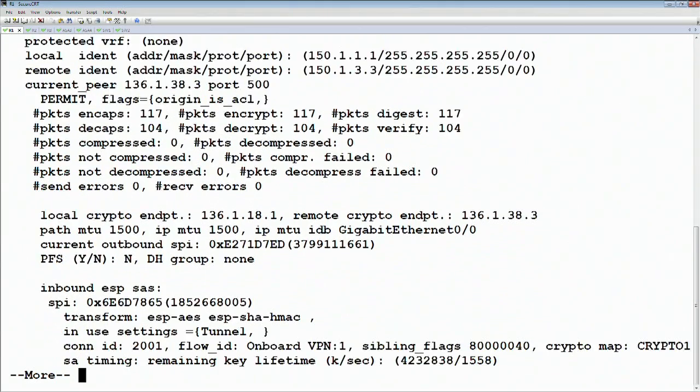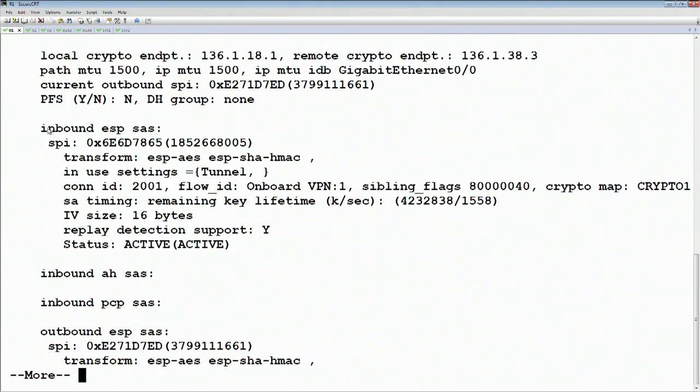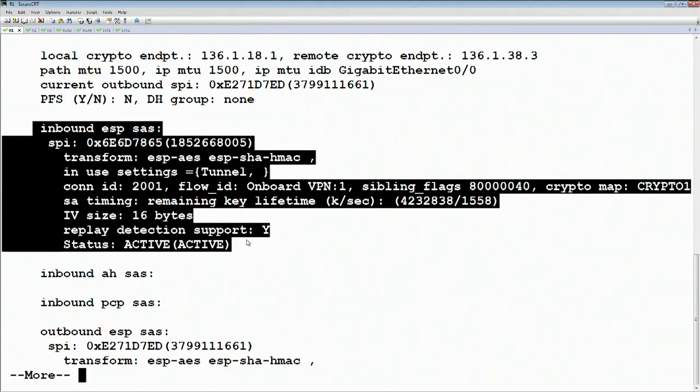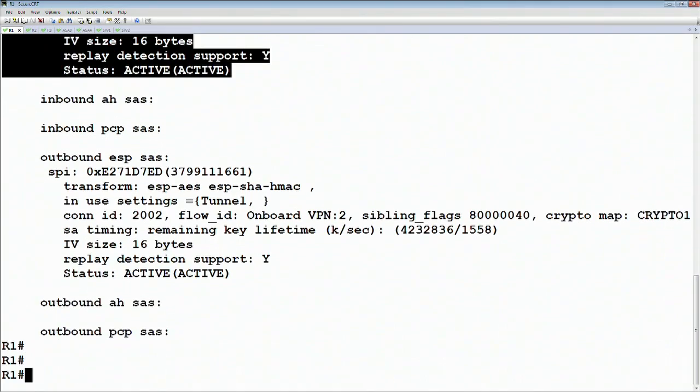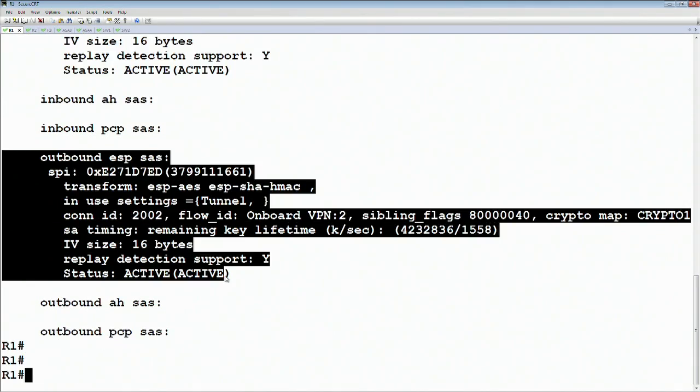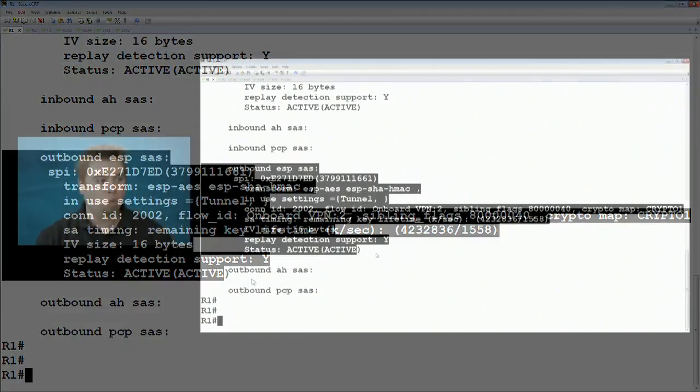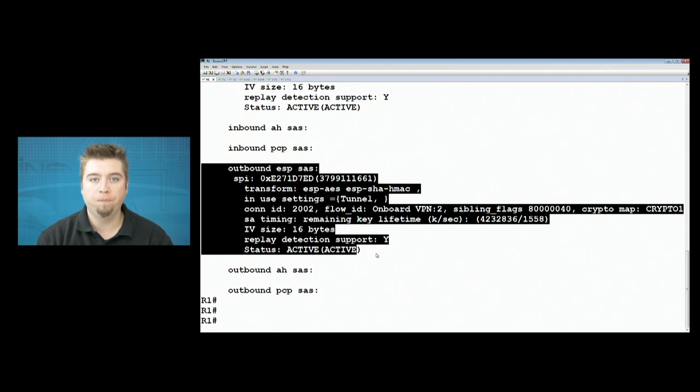And we see that we have an inbound security association and we have an outbound security association. So this tells us at least there was negotiation that happened previously for this tunnel, but for whatever reason, something changed and the tunnel is no longer working.